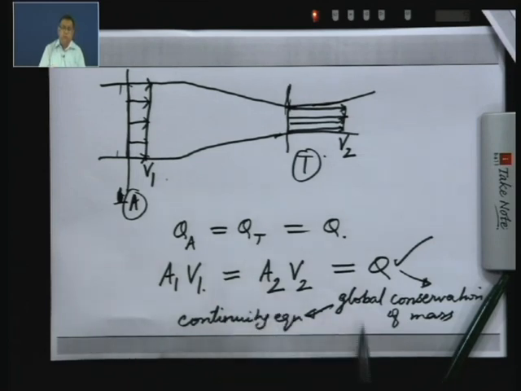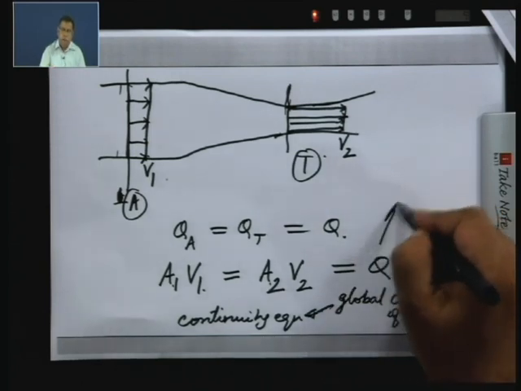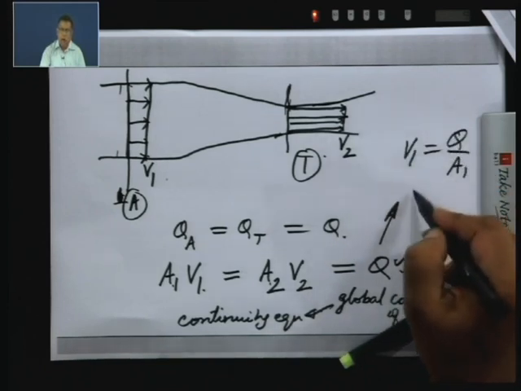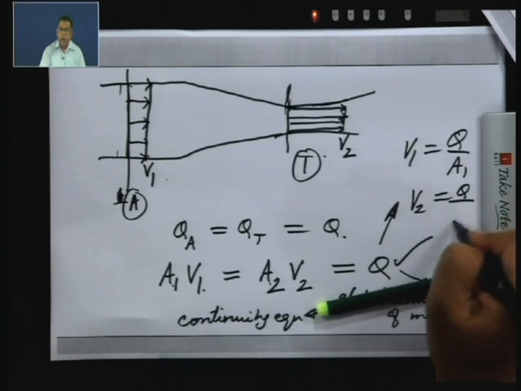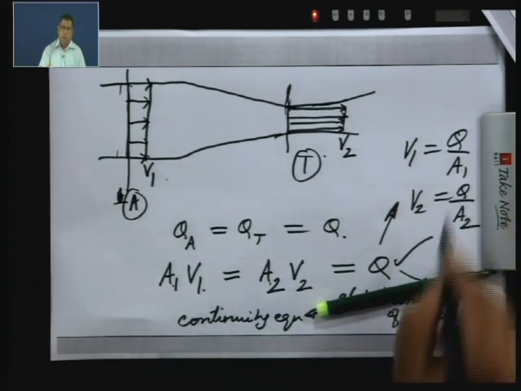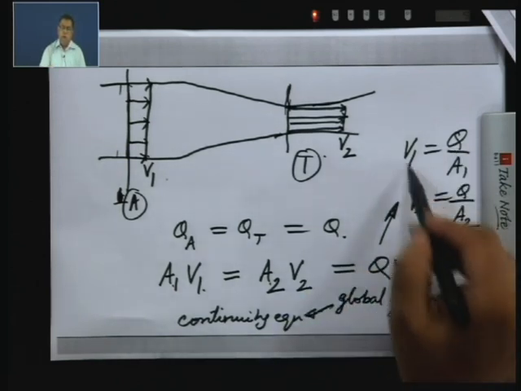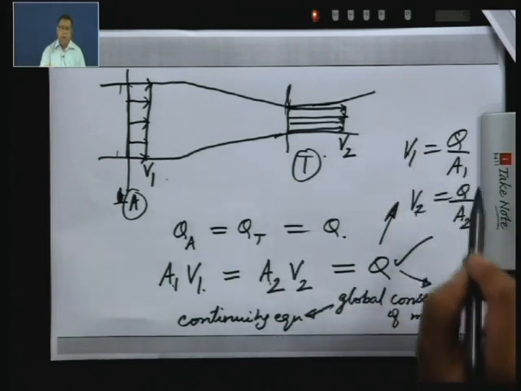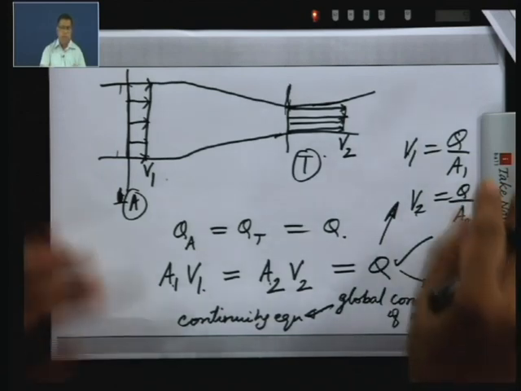Now, the geometry of this venturimeter is known, so you know A 1 and you know A 2. From here, V 1 is Q by A 1 and V 2 is Q by A 2. So, I can link both V 1 and V 2 to the unknown Q through these known areas A 1 and A 2, and this I can substitute into this equation.